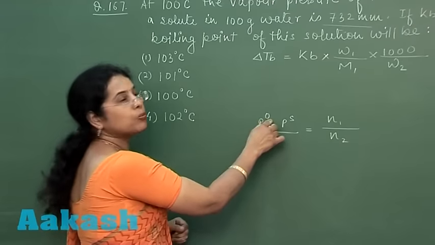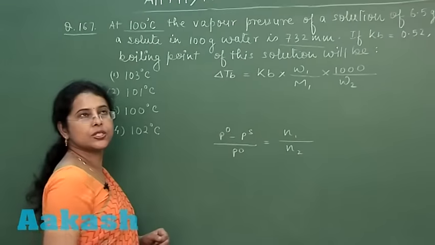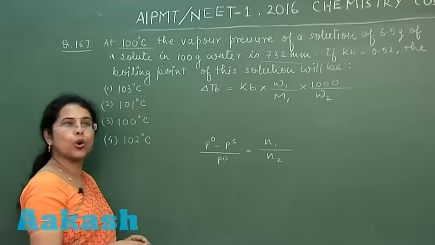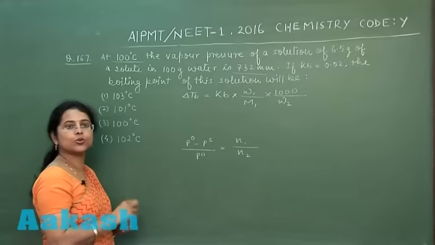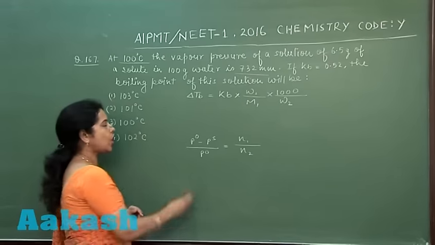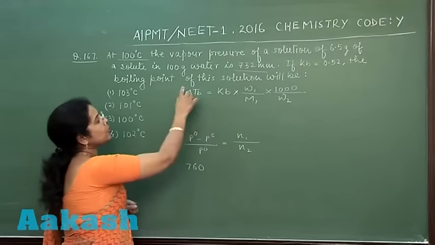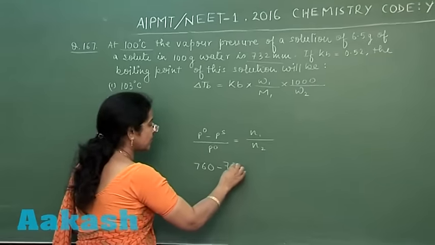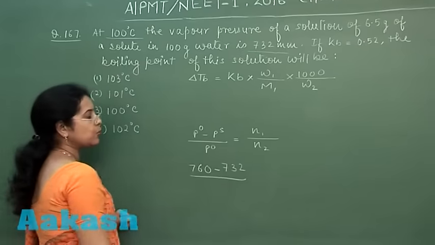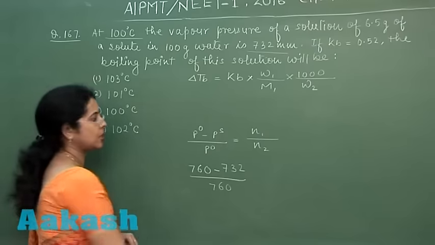P naught, pure state vapor pressure of water at 100 degrees Celsius, will be taken as boiling point of water. It means the vapor pressure is equal to 1 atmosphere, or that is 760 mm mercury. Vapor pressure of solution at 100 degrees Celsius is given 732. Pure state vapor pressure, again put the value 760.